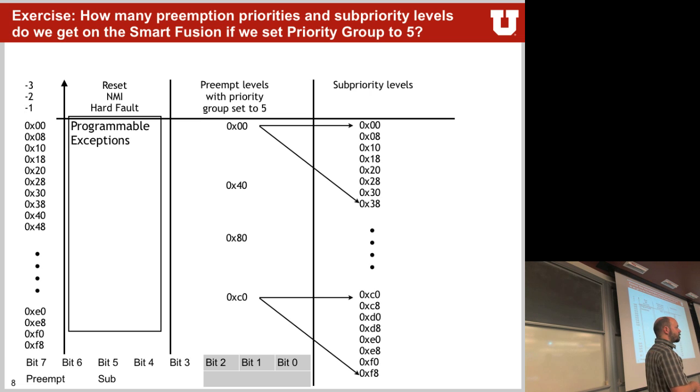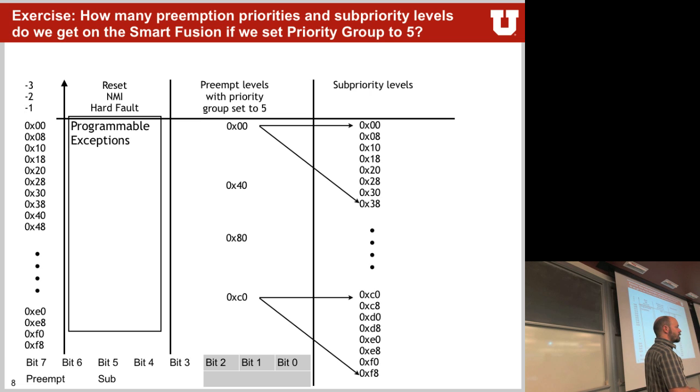Now, how many sub-priorities for every group? In this particular case, we have 8 sub-priorities per priority group because of how this was set up. But the maximum is 64, because we have 6 bits.